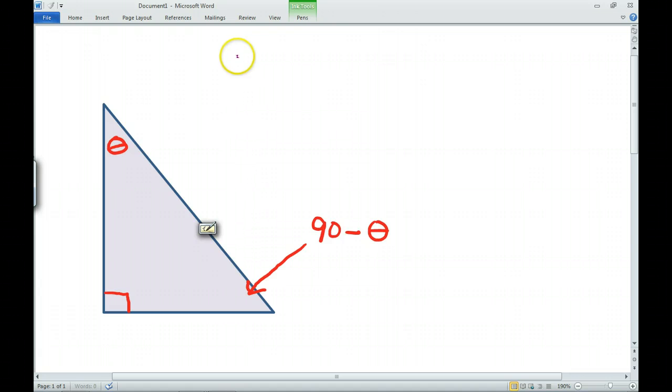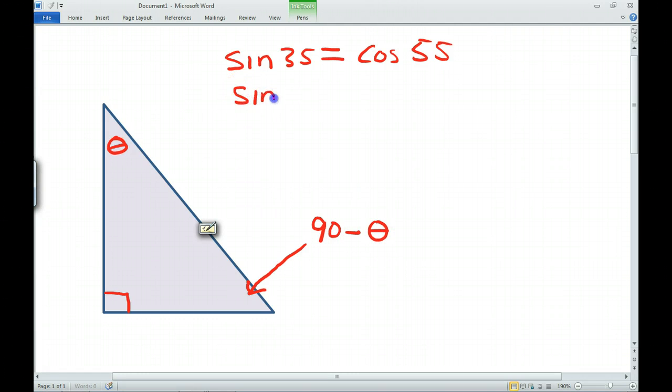Now, when the one angle was 35, we could say the sine of 35 degrees should equal the cosine of 55 degrees, right? The sine of one angle will equal the cosine of the other angle. Well, we can do the same thing with theta and 90 minus theta. So we can write the sine of theta should equal the cosine of 90 minus theta.